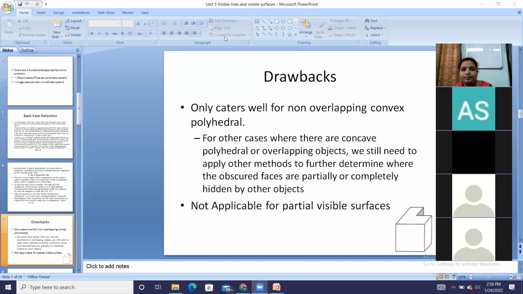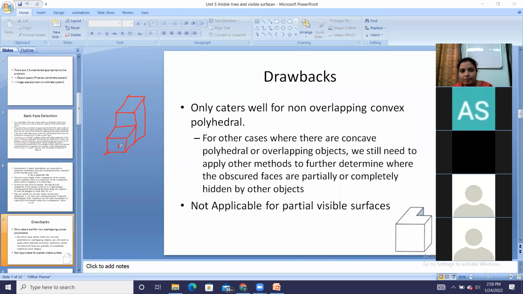For example, this is called overlapping objects.